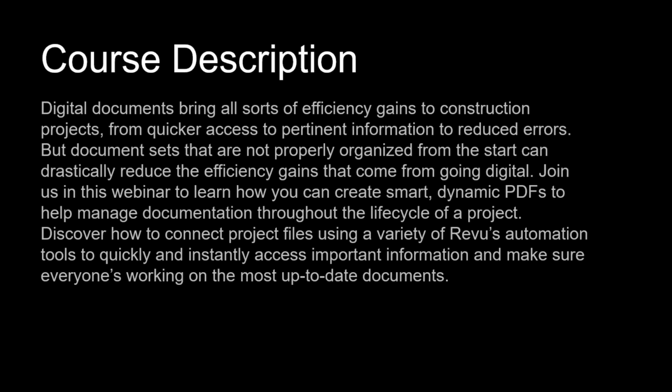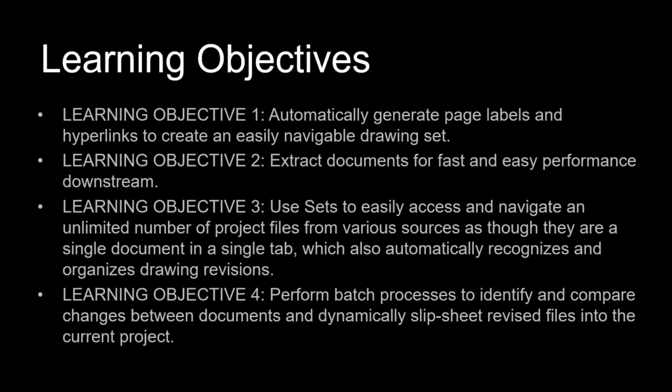So we'll show how to do a number of different functions around the same idea of creating smart PDFs, but the premise is all the same: there's a lot of smart data behind the scenes that can be leveraged into these organized document sets. So the learning objectives themselves, we're going to start simple with how to create page labels and ultimately file names, and then from there create hyperlinks to jump around your document sets.